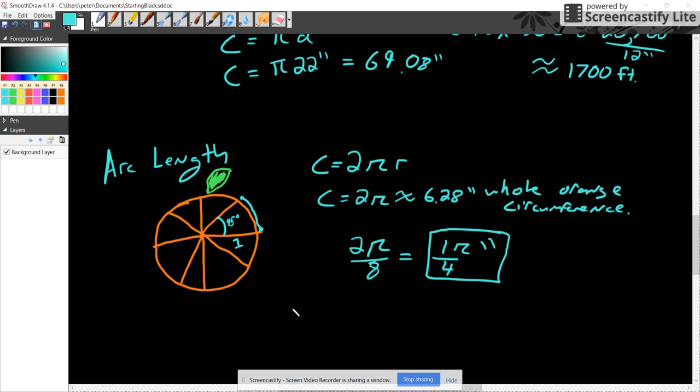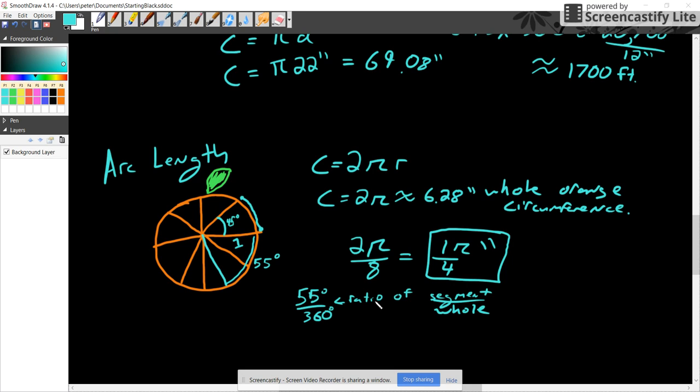Another way to do this, let's say this is 55 degrees, and I want to figure out the arc length of a 55-degree segment. How much is 55 out of 360? 55 out of 360 is my ratio of segment to whole.